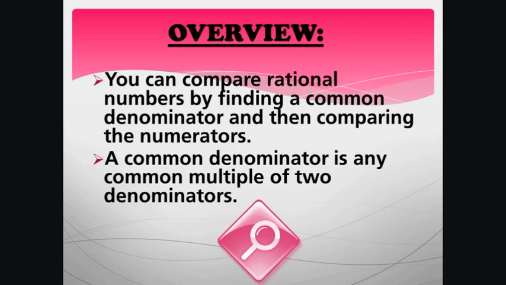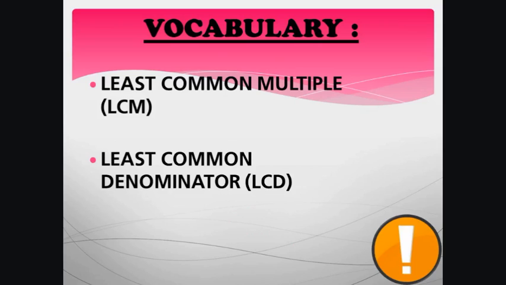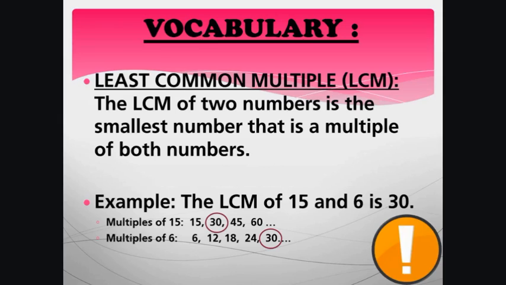So let's move on to talking about a least common multiple and a least common denominator. The least common multiple of two numbers is the smallest number that is a multiple of both numbers. So if you take a look at this example down below, we're asked to find the least common multiple of 15 and 6. We list out the multiples of 15: 30, 45, 60, and it could keep going.